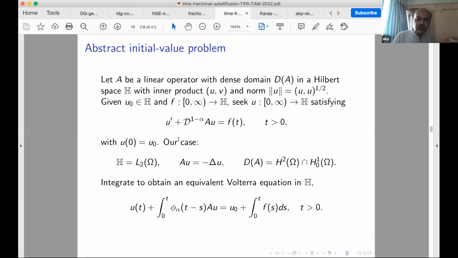Okay, so we will work with this abstract evolution equation, because seemingly different problems can be put under one umbrella. In theoretical study, people just integrate it. After integration, you will get some Volterra integral equation of the second kind. And for the Volterra integral equation of the second kind, of course, there is a singular kernel, but they are well behaved. So a lot of theory is developed based on this.